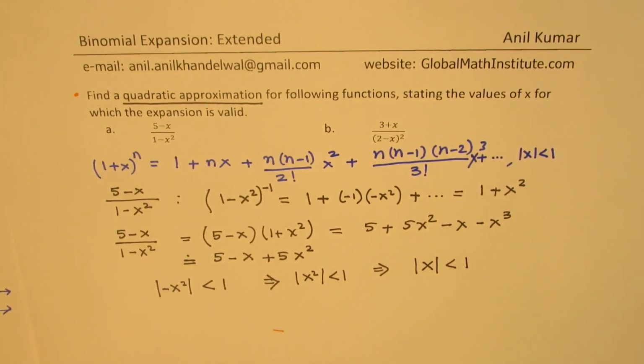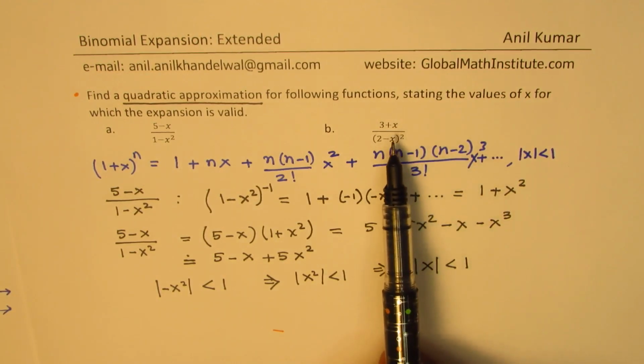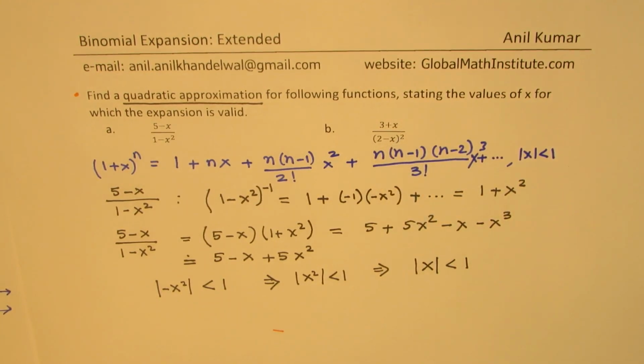So that becomes the restriction in our case. I hope that makes sense, correct? So the steps are clear. I'd like you now to pause the video and answer this second part, which is quite similar to what we just did. And then look into my suggestions.